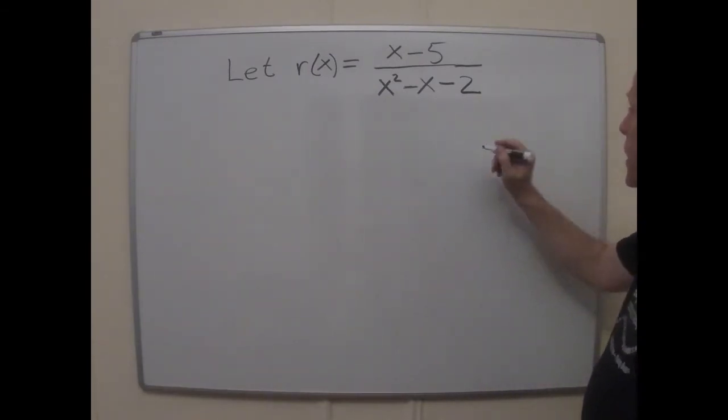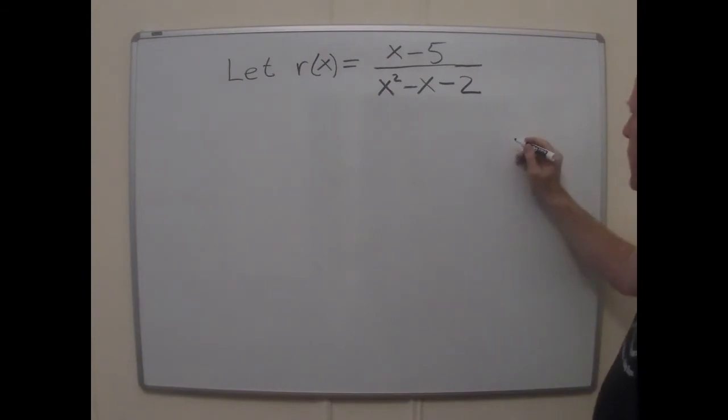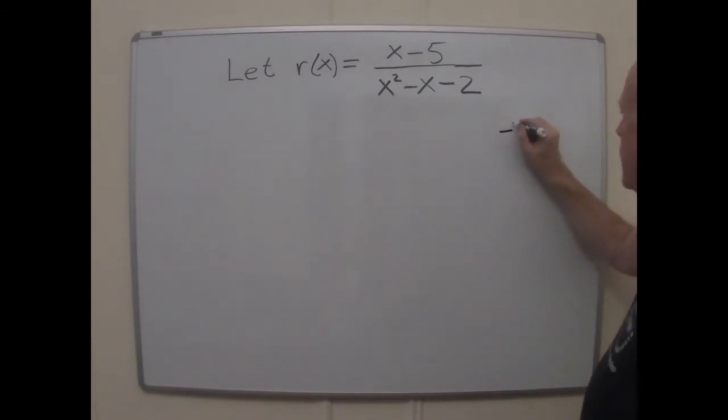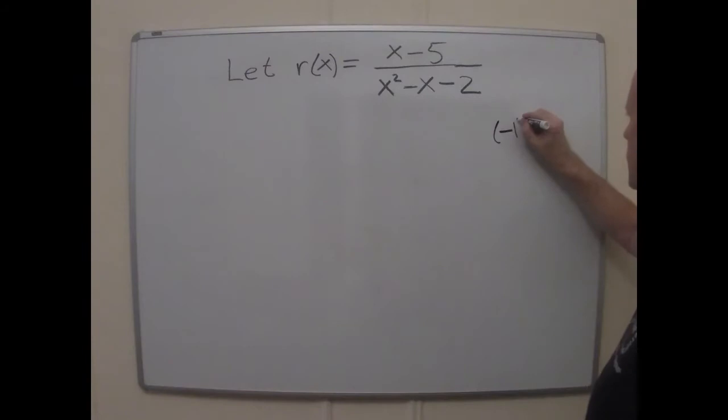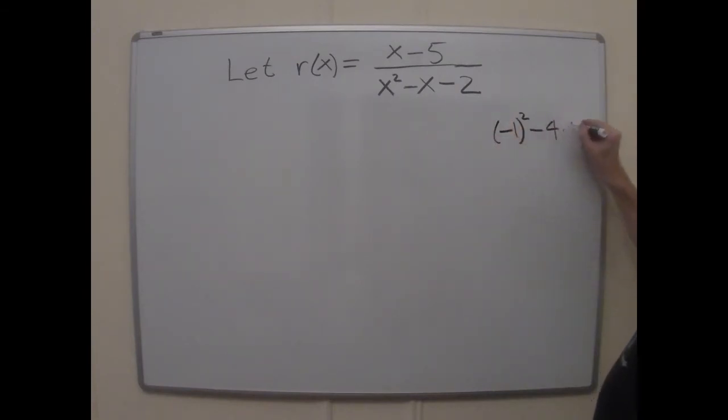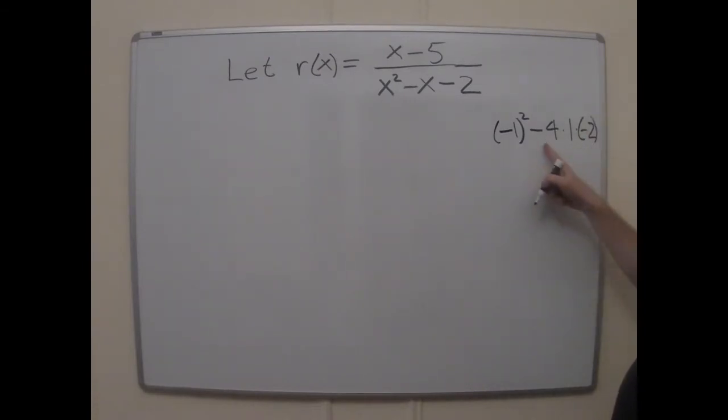Let's just verify. What did Ronald Reagan say? Trust but verify. B squared is still minus 1 squared. Minus 4 times a times c, that's 4 times 1 times -2. And so this is a positive 8 because there are two minus signs there, and 1 plus 8 is 9.